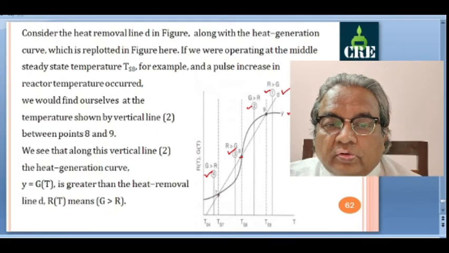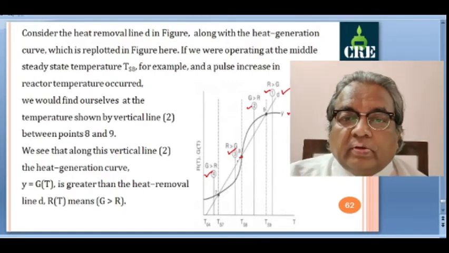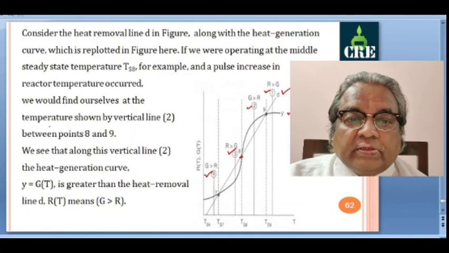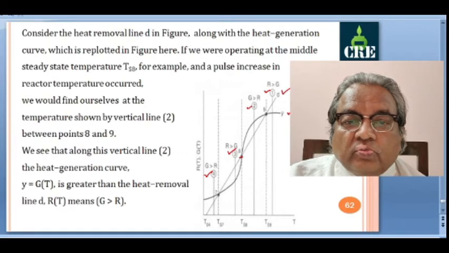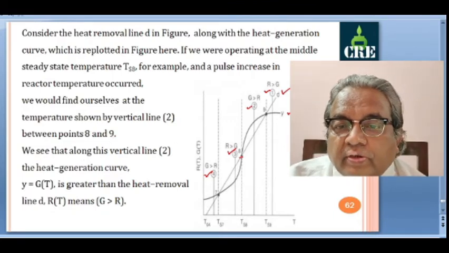So here, beyond this point 7, within 7 and 8, 8 and 9 and beyond 9, if a pulse increase in reactor temperature occurs, we will find ourselves at the temperature shown by the vertical line, points between 8 and 9.